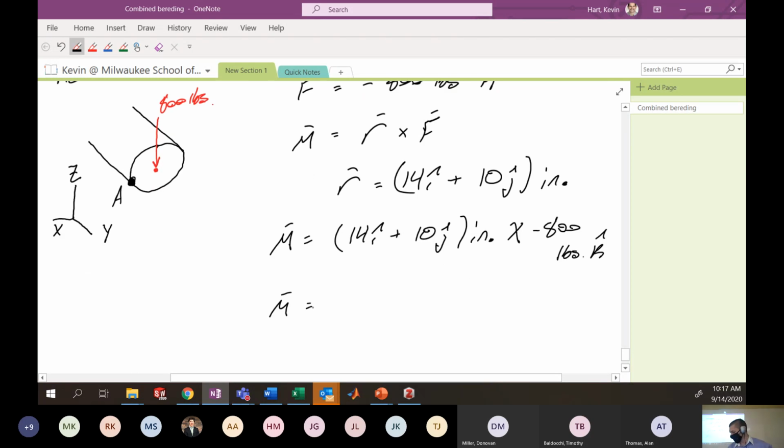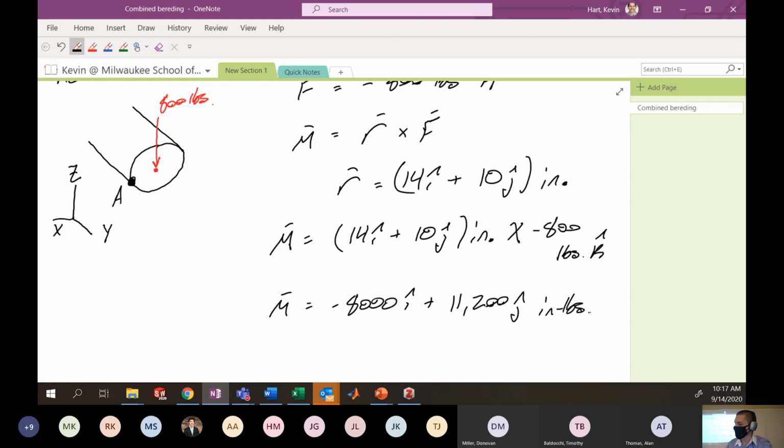So we execute this math, and we'll get a moment here that is negative 8,000 i hat plus 11,200 j hat inch pounds. All right. So if you need to brush up on cross products, maybe do that on your own time. Hopefully you've had enough engineering class where cross products have been beaten into your brains.